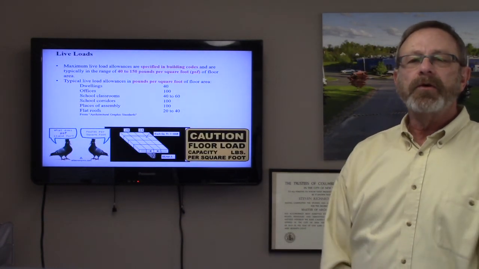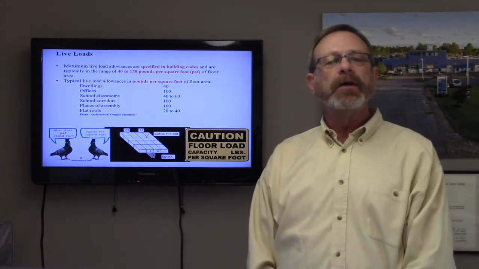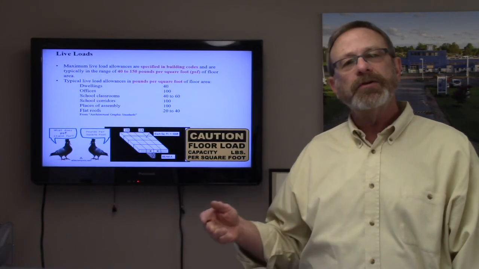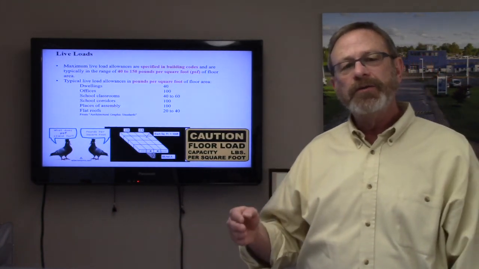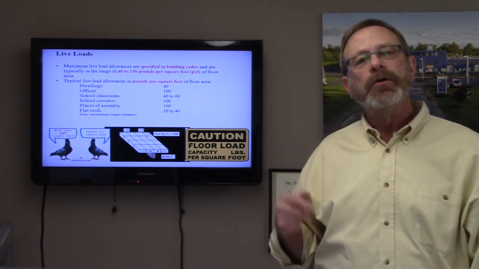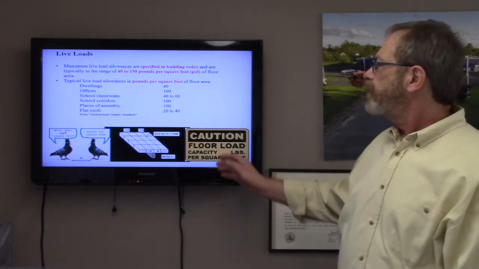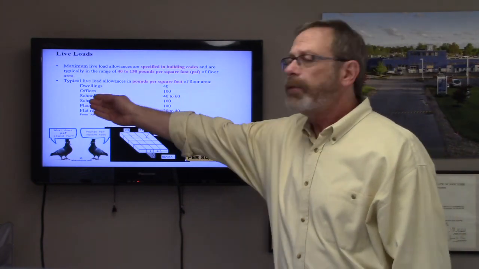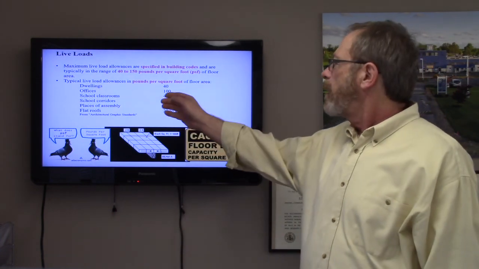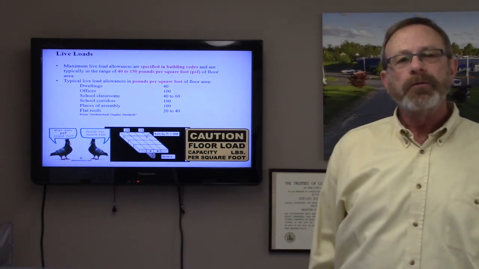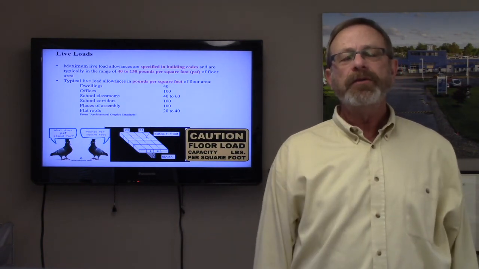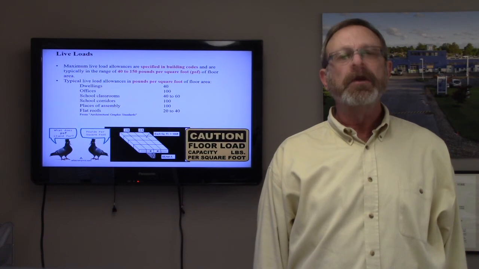So this chart of live load allowances is typical for what you might expect to find in your local building code ordinance. Not in the jurisdiction of where your office is, but you need to read the building code, I would say at the beginning of a job, of the jurisdiction in which your job is located. So for instance, this reads that if we were doing an office, we would need to design our structure to support 100 pounds per square foot. So they're figuring a 12 by 12 square that I'm standing on needs to support at least 100 pounds per square foot.